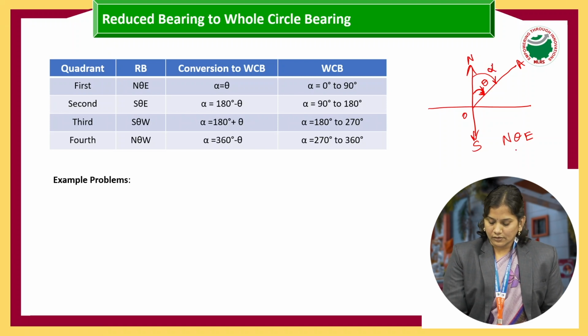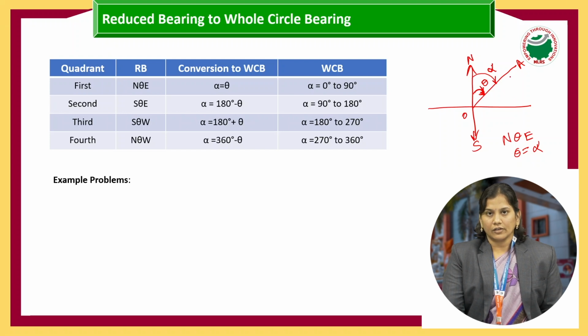Okay. So, now theta equal to alpha, and this procedure is similar for when our survey line is in first quadrant. When our survey line is in first quadrant, theta equal to alpha, that is reduced bearing value is equal to whole circle bearing value.